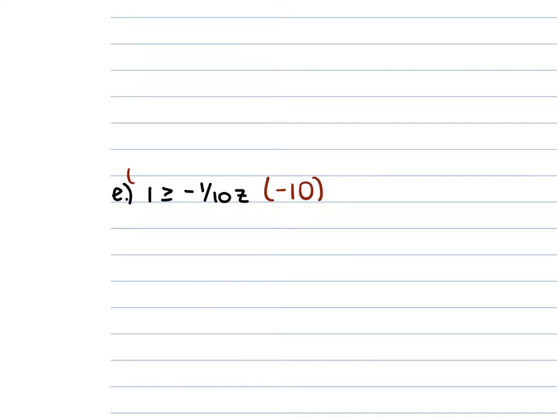So we multiply each side by that negative 10. This cancels out the negative 1/10. Our sign switches. Negative 10 times 1 is negative 10, is less than or equal to z. We rewrite this to where z comes first. So z is greater than or equal to negative 10.